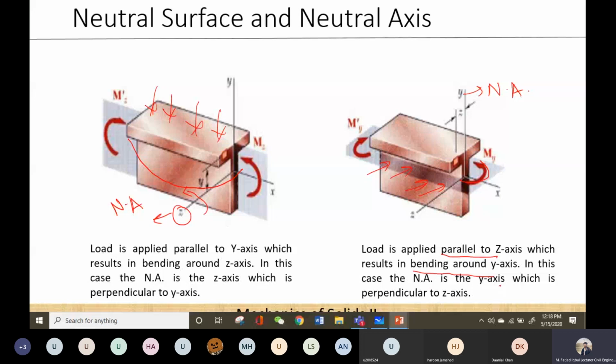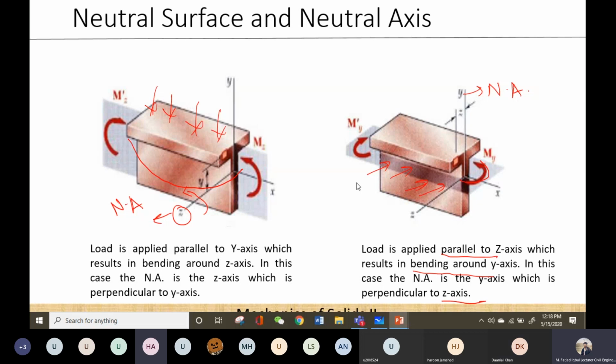In this case, the neutral axis is the y-axis, which is perpendicular to the z-axis, which is basically my axis of loading. So there can be an infinite number of neutral axes in any type of structure. It completely depends on the type of loading. So for now, I can conclude that the axis perpendicular to the direction of loading is the neutral axis.